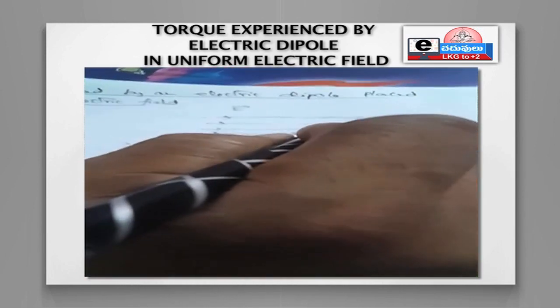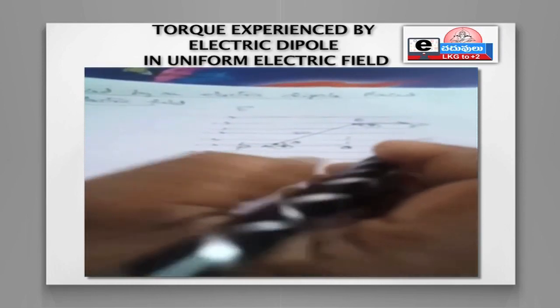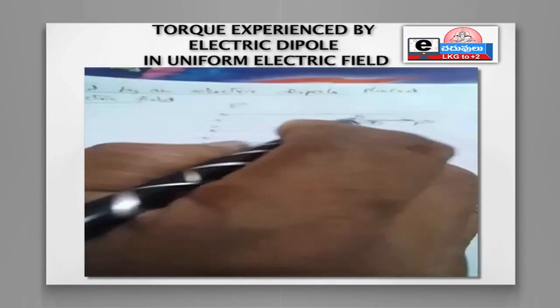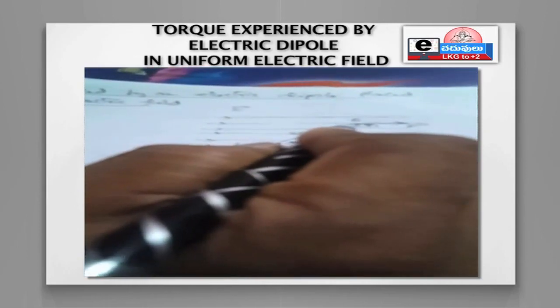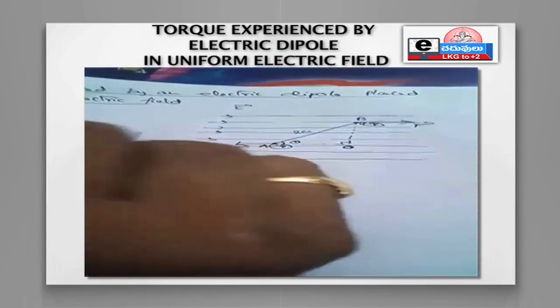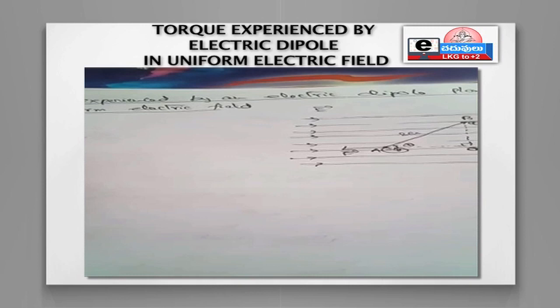If I draw a line like this and take some point O here, along OA one force is acting and another force is acting. Therefore, BO becomes the perpendicular distance between the two forces. Why do we have to consider the perpendicular distance? We have the torque definition.